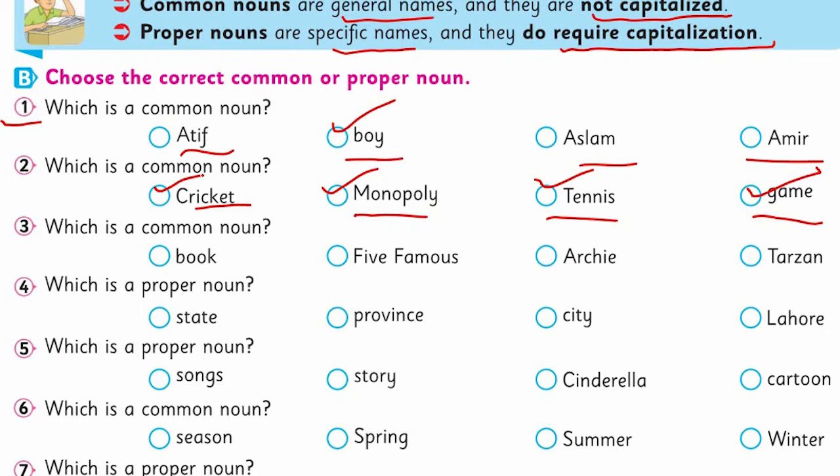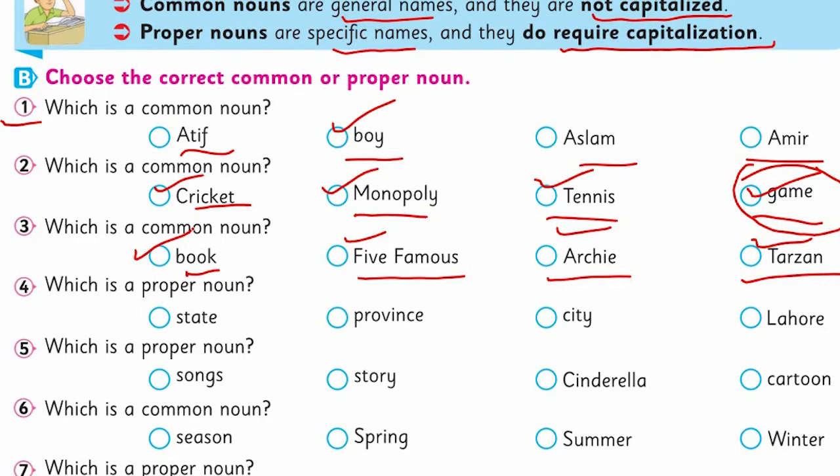But all these are commonly included in the common noun game. Now, look at the third one, which is a common noun: book, Famous Five, Archie, Tarzan. These are the names of books. So here, the common noun will be book.